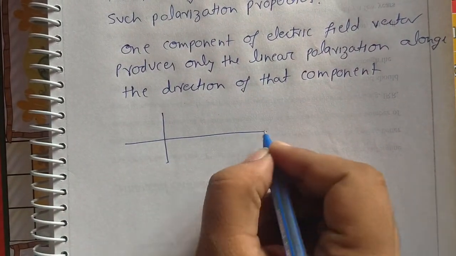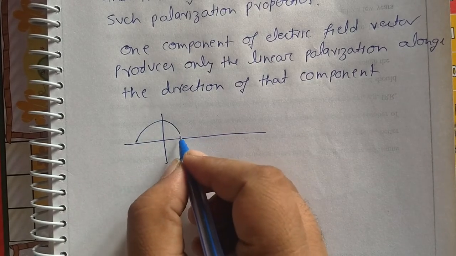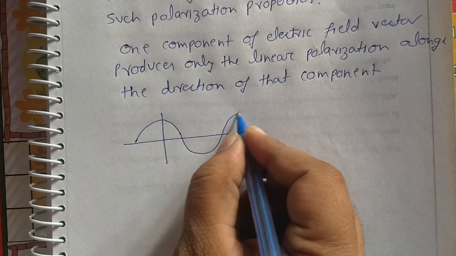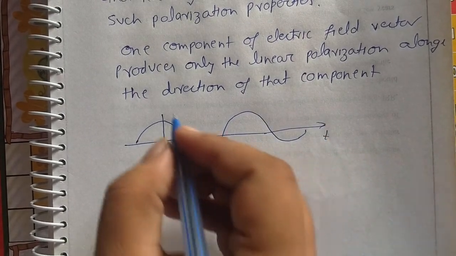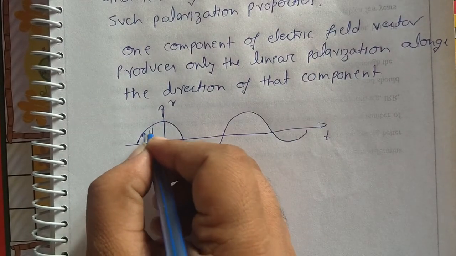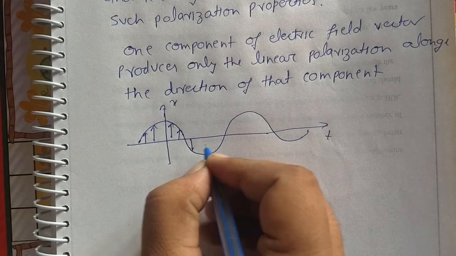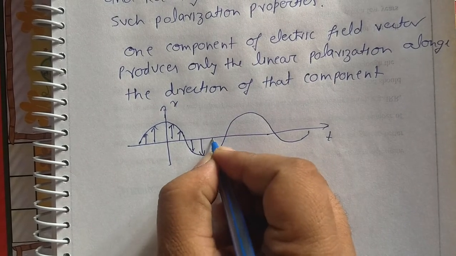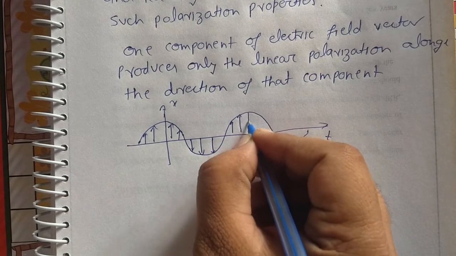See, this is the wave which is propagating along one direction. This is X. So you can see here the variation of electric field. The variation of electric field is along X direction only.